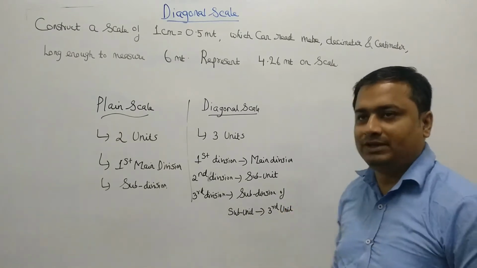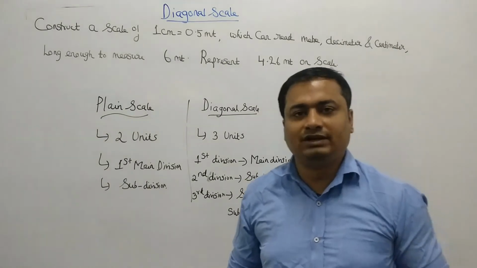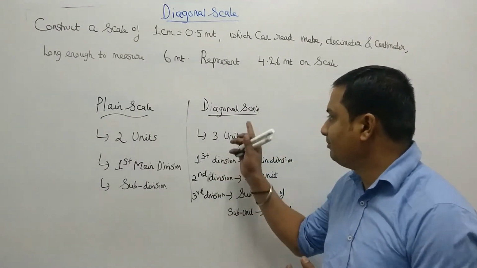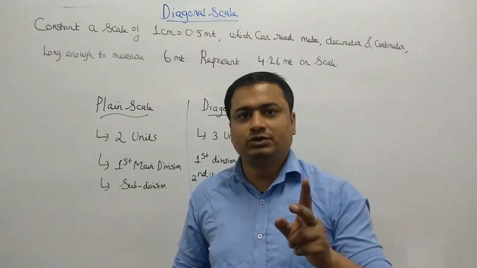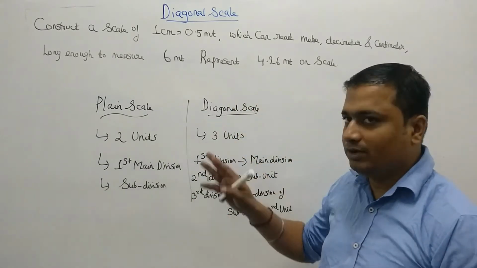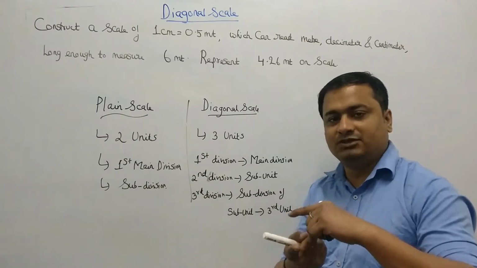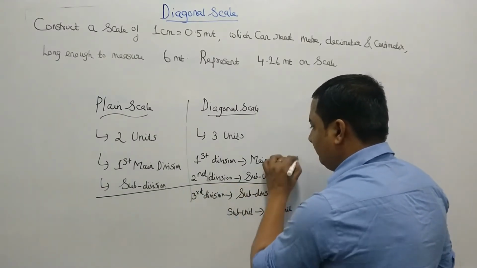So basically the point is, in diagonal scale we have to divide the line three times into equal number of parts, because we are going to represent three units, right? In the plane scale we were representing two units, so we divided two times into equal number of parts. But in the diagonal scale we divide the line three times. Out of the three times, the first two are the same as in the plane scale.